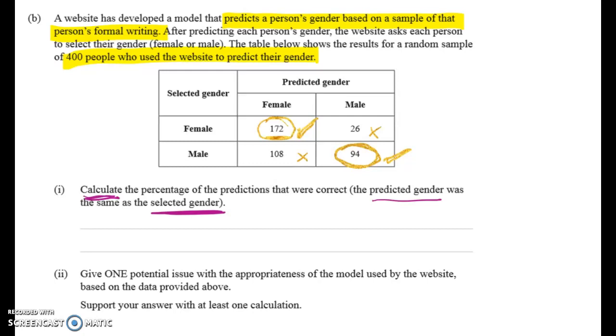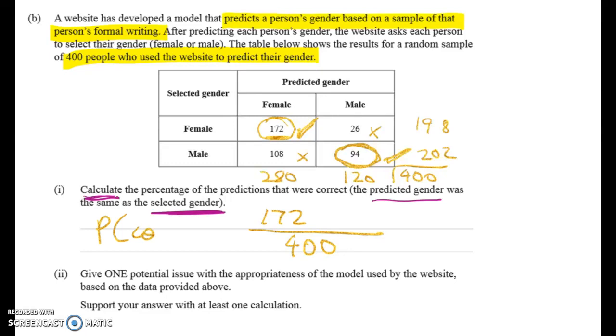So as usual, the very first thing to do is to add up the numbers and then work out what fraction we're after. So here we get 280, 120 here, 400 people altogether. What have we got here? 202 and 198. So which predictions were correct? Well, out of the 400 total, there were 172.